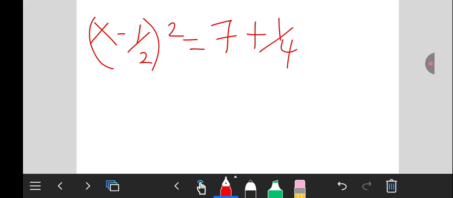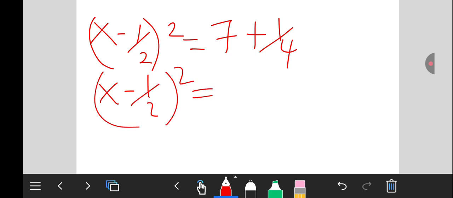So you can find 7 plus 1 over 4. You can just multiply in short: 7 multiplied by 4 is 28, 28 plus 1 is 29. So we're going to have x minus 1 over 2 squared is equal to 29 over 4.